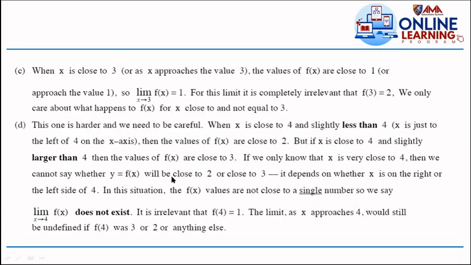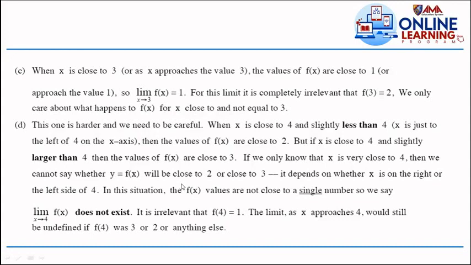Okay? Next, for the last one. This one is harder and we need to be careful. When x is close to 4 and slightly less than 4, x is just to the left of 4 on the x-axis. The values of the function of x are close to 2.